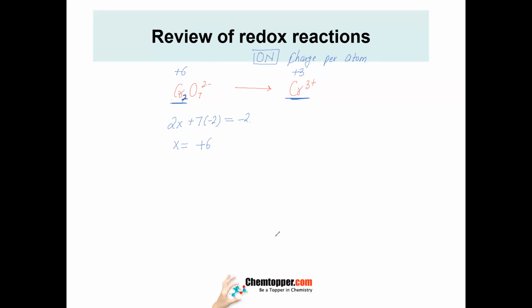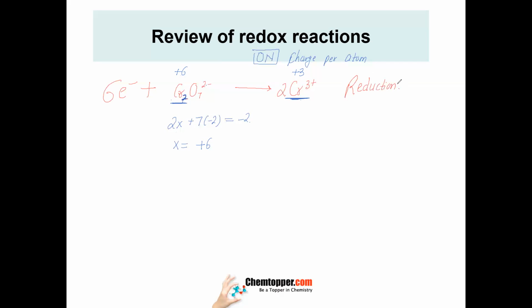Is it losing or gaining? It is gaining 3 electrons. But how many chromiums are there? 2. Balance it, put 2 here. And then how many electrons is it gaining? 6 is gaining, so I'm going to write it on the reactant side. It is reduction.